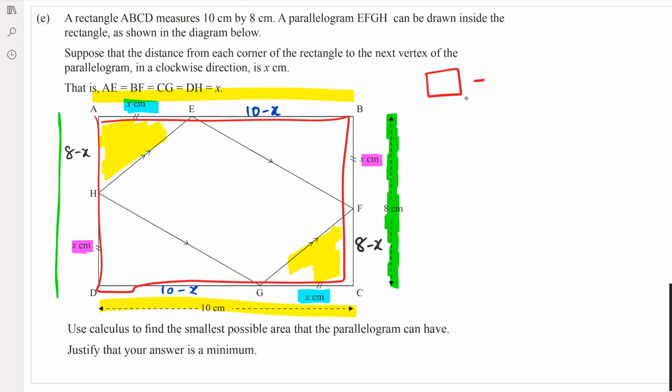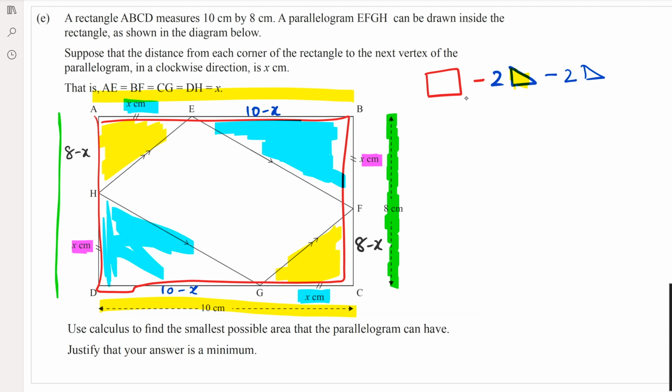Those two triangles are the same. Then I'm going to subtract 2 of the other triangles, which I'm going to color blue here. So these are the 2 blue triangles. Okay, I hope that made sense, guys.